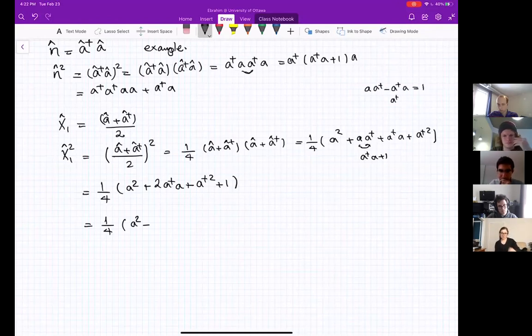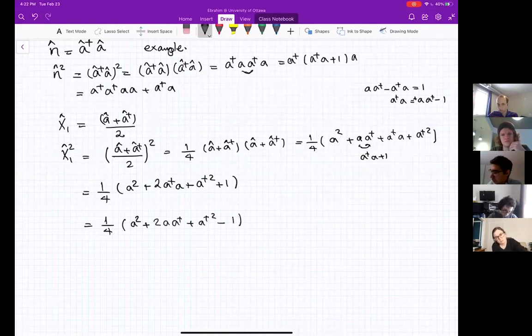So if I want to find A dagger A, it is A A dagger with a minus sign, minus 1. Okay, so that should be plus 2A dagger A plus A dagger power of 2 minus 1. True?